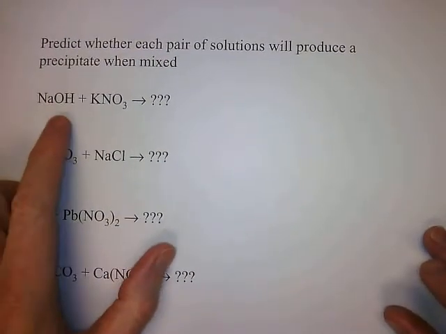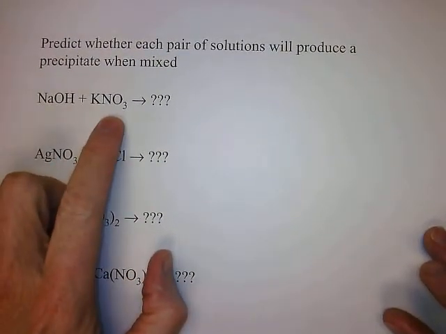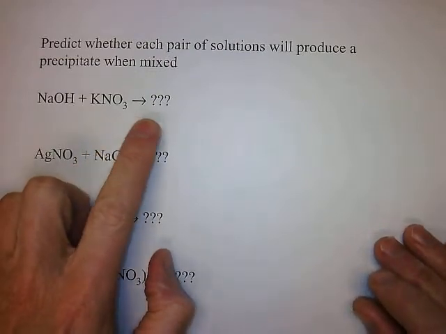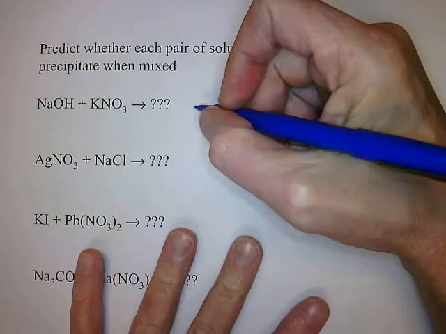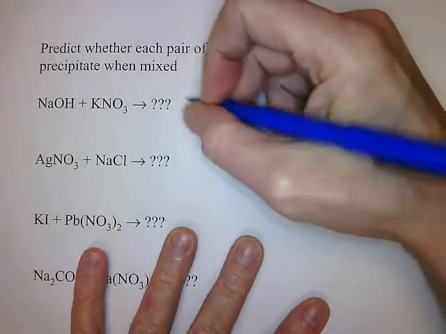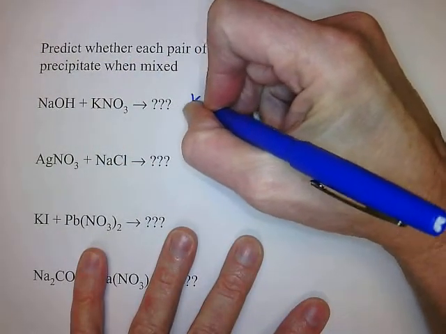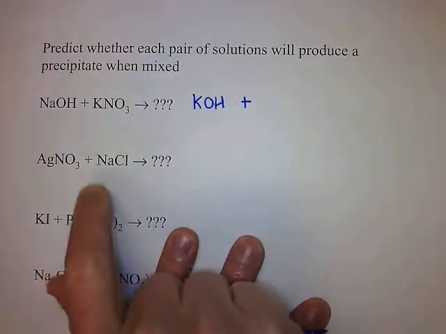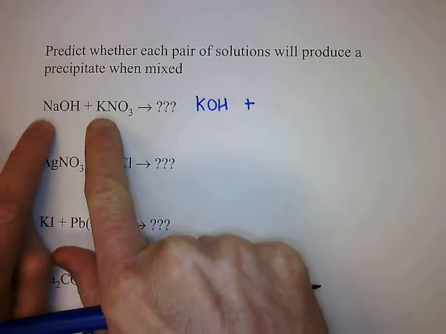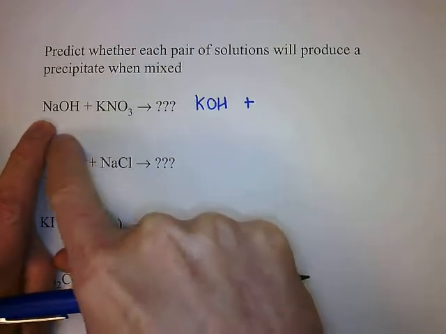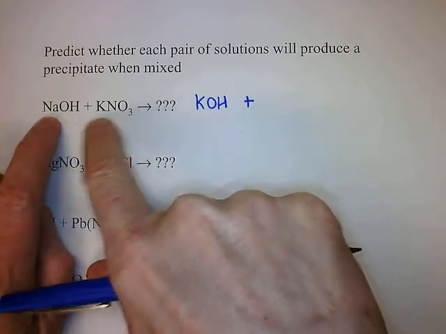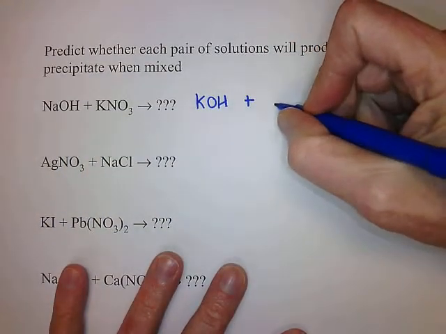If we mix sodium hydroxide and potassium nitrate, what are our products going to be? Potassium hydroxide plus, right, we're swapping the ions around. The potassium will move to be paired with the hydroxide and the sodium with the nitrate.